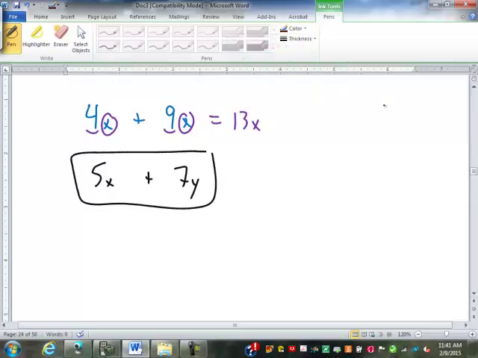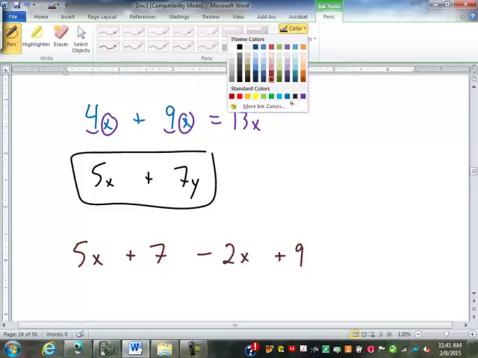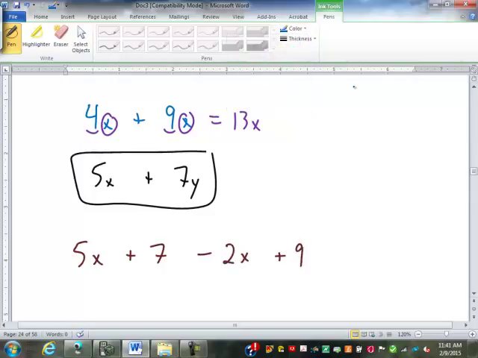Now we should look at dealing with multiple statements like 5x plus 7 minus 2x plus 9. If we have something like that, we see that there are different names. This has a name of x, and this, when there isn't a name next to a number, that's just its place value, or ones in this case.